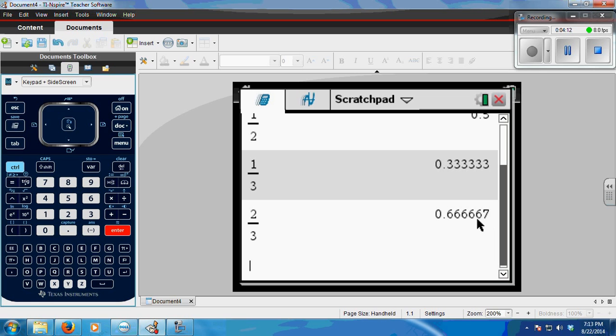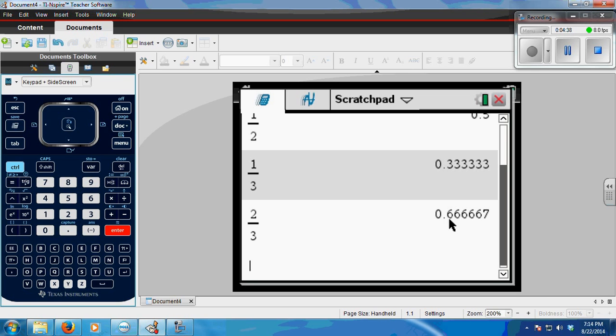If I was going to approximate it to this value right here, to the 4th place value, then I would look at the 5th place value, which is this 6, and because of this 6, I would approximate this to be 0.6667. Now again, on a test or a homework assignment, the way you're going to write your answer is simply 0.6 with the line above it.